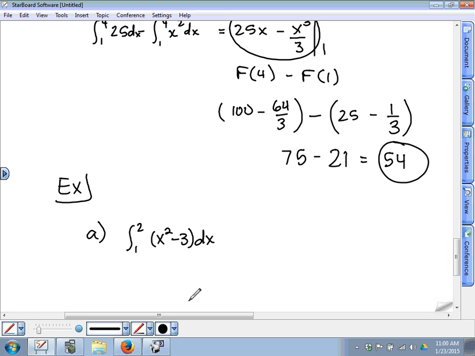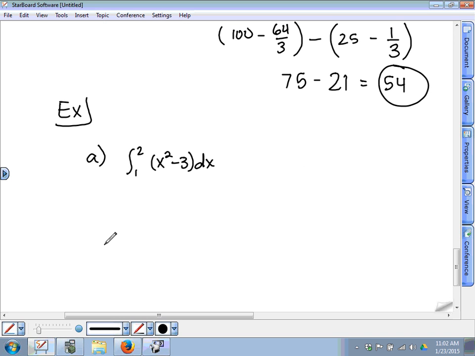Let's go. You guys do it. Integral from 1 to 2 of x squared minus 3 dx. And then when you're done with that one, try this one. There's no fundamental theorem for that one.